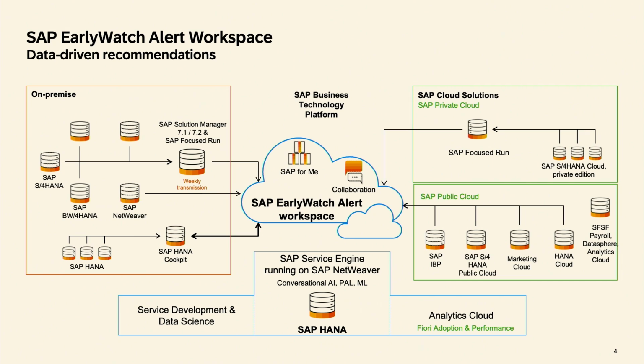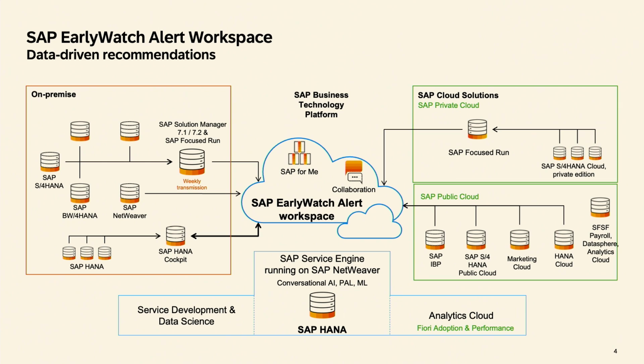Beneath the UI, we have one central HANA database, which is an 18 terabyte database. And we have connected worldwide 120,000 systems. So it's a really huge data platform which we have here. Many on-premise systems, many cloud systems are connected, and the metrics are kept for at least 4 years. So from the granularity of the data, we only go down to hours, not to minutes or seconds like monitoring tools.